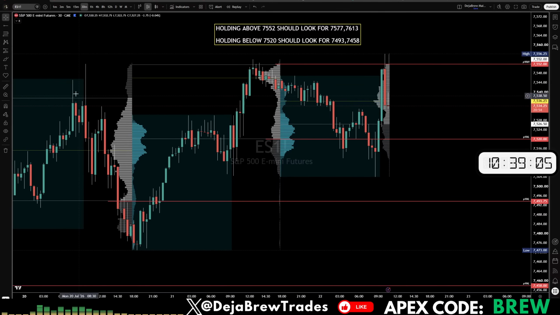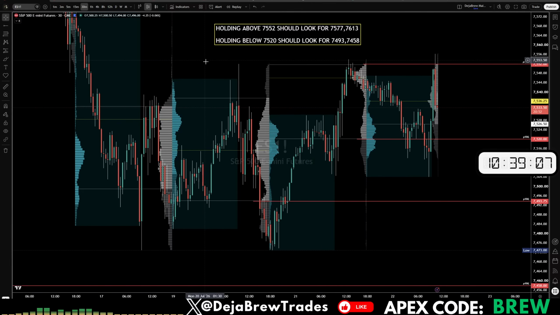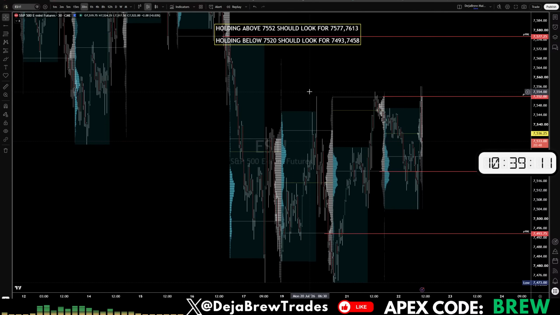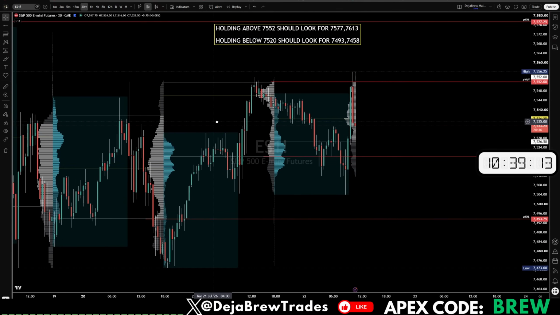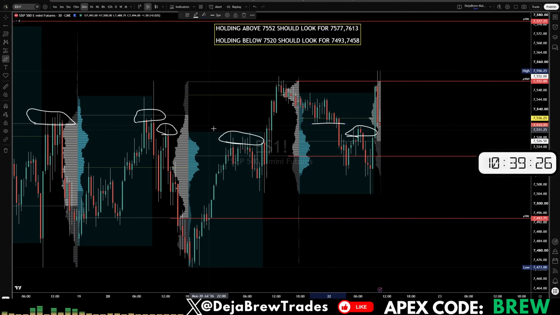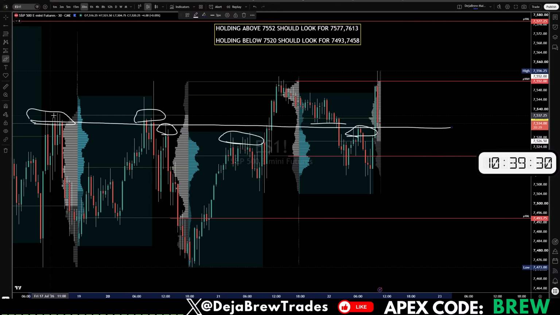And this is actually one of those levels that we talked about. Where's the other one? I think I deleted it, but there was another level like this, where it's kind of a big flip level. You can see all these highs right here, highs right here, highs, and then lows. So it's kind of a big flip zone between all these days, this overlap.